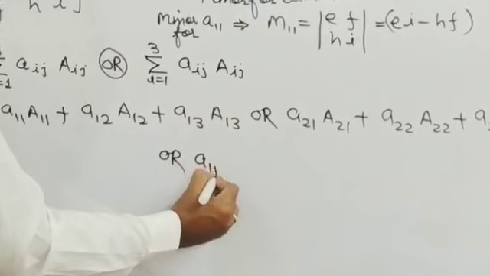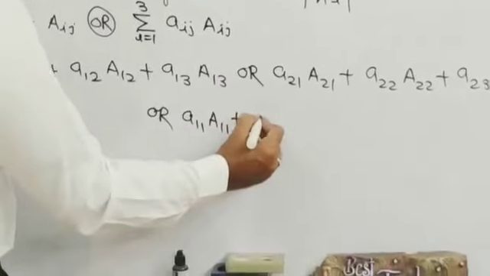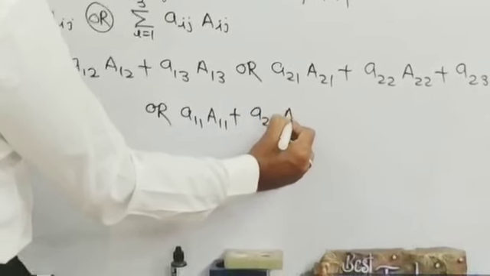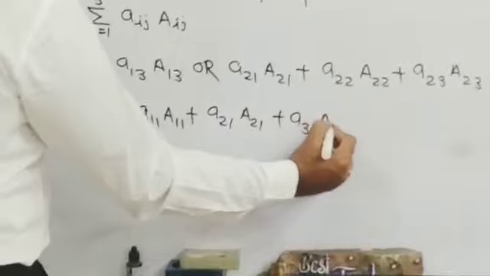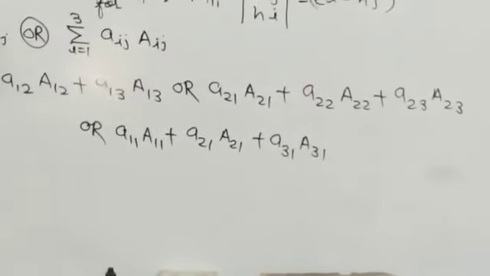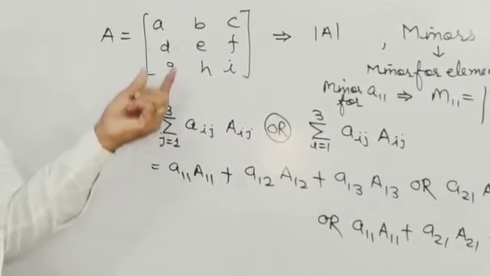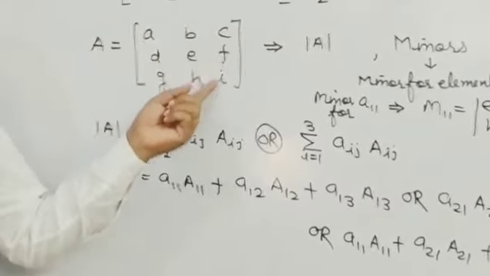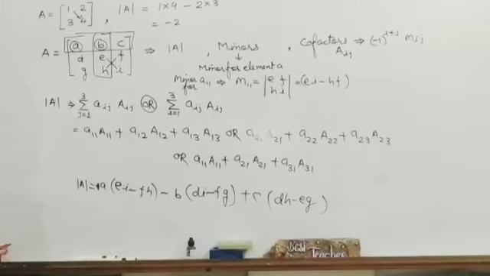Then a11 A11 plus a21 A21 plus a31 A31. So you can expand a determinant by using any row or any column.